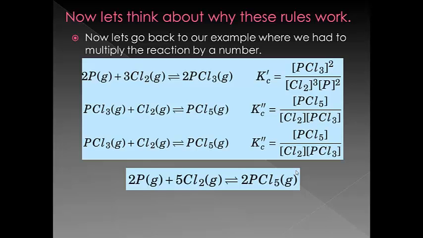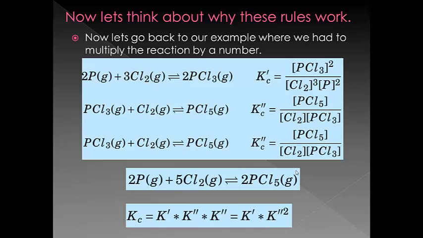Now, if we were to add all three of these equations together, we would have to multiply all the Kc's together, leaving us with Kc is equal to K prime times K double prime times K double prime. Of course, we know if we have K double prime times K double prime, or really anything times itself, that's the same thing as saying that it is squared, which would leave us with K prime times K double prime squared. And of course, if we had to multiply through by 3, it would be the same thing as adding in a third of the reaction, which would cube it.